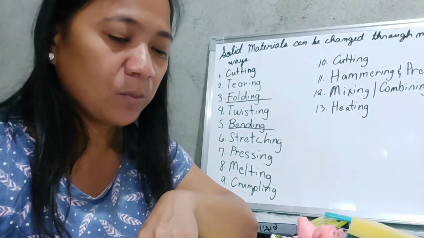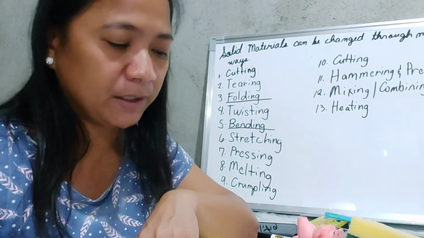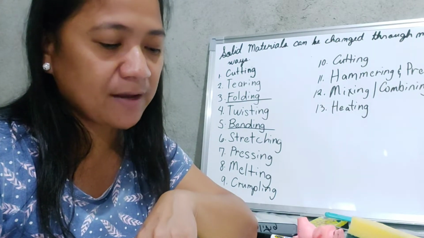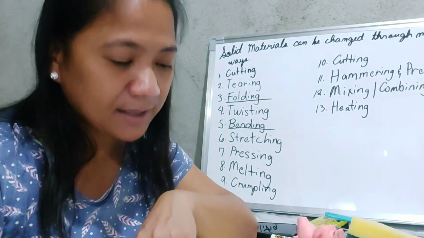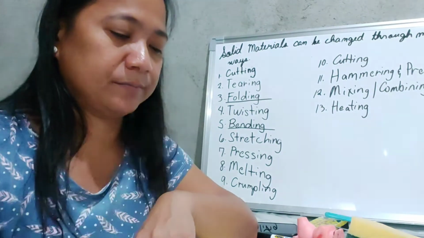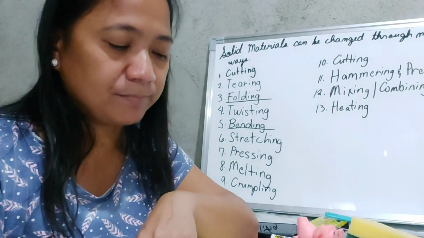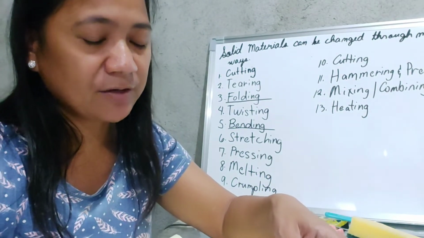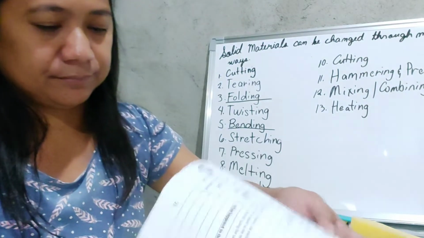Activity 3, what happened if you hammered these materials? Like for example, empty tin can, lata. Hammered, pinukpok. Piece of hollow block of wood, sheet of galvanized iron, and rock.